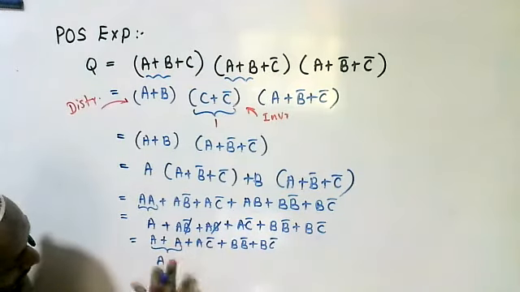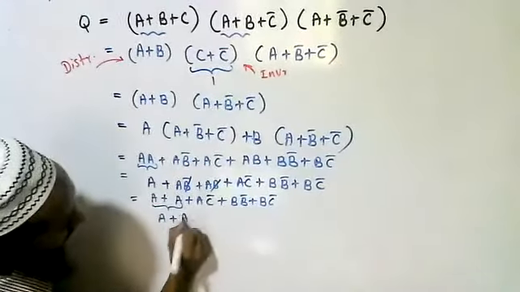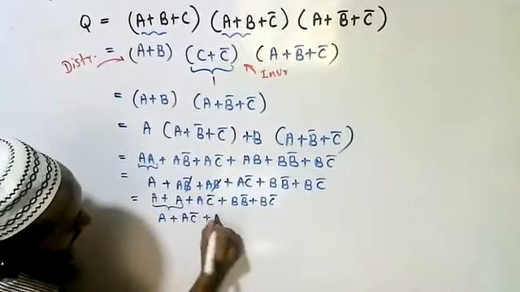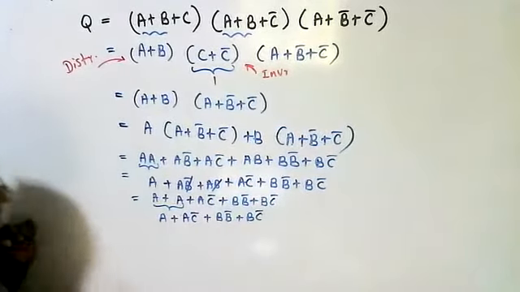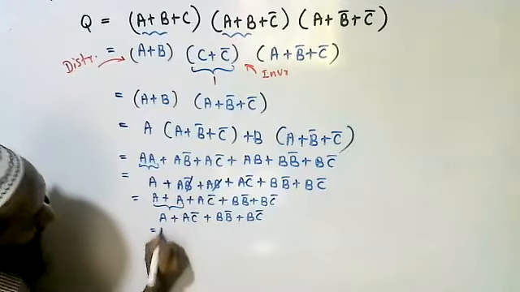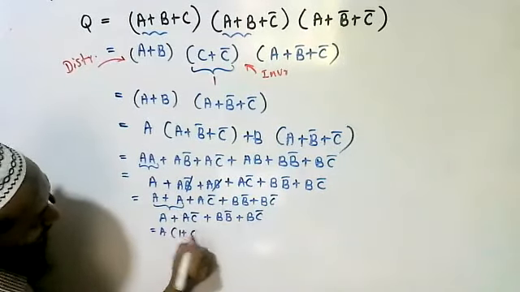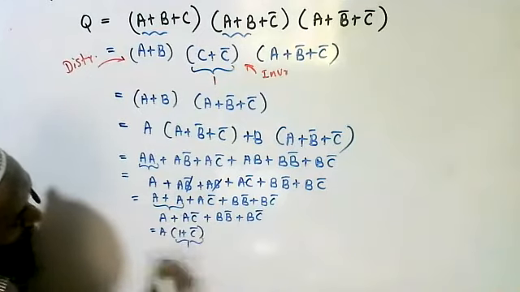I'll take some more steps, then you can easily understand. A plus AC bar plus BB bar plus BC bar. A is common: A into 1 plus C bar. 1 plus C bar is equal to 1.